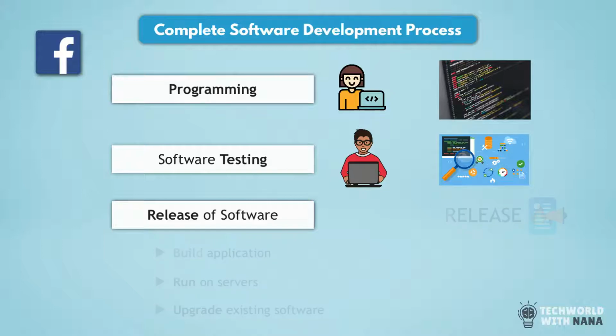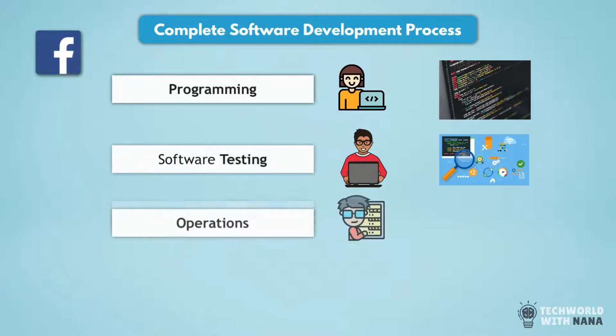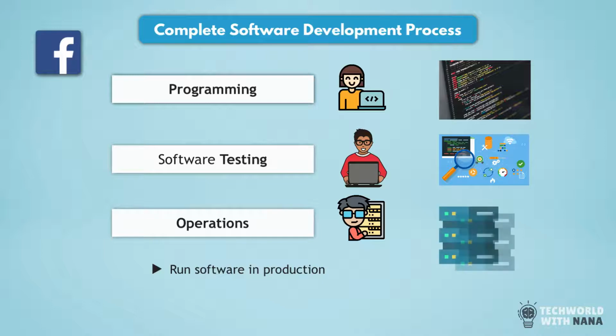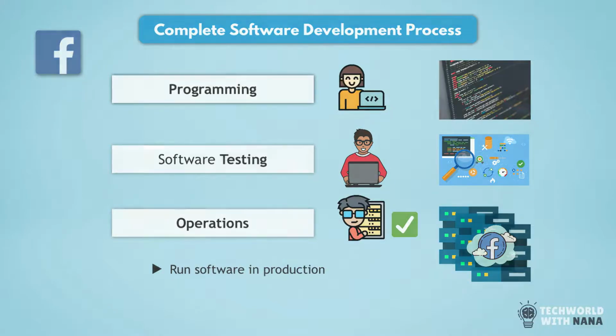And this is where operations comes in, right? IT operations is another part of the software development and delivery lifecycle that is in charge of running software in production. In this case, IT operations will be responsible for taking that new feature and running it successfully on the existing production servers so that users can get access to it.